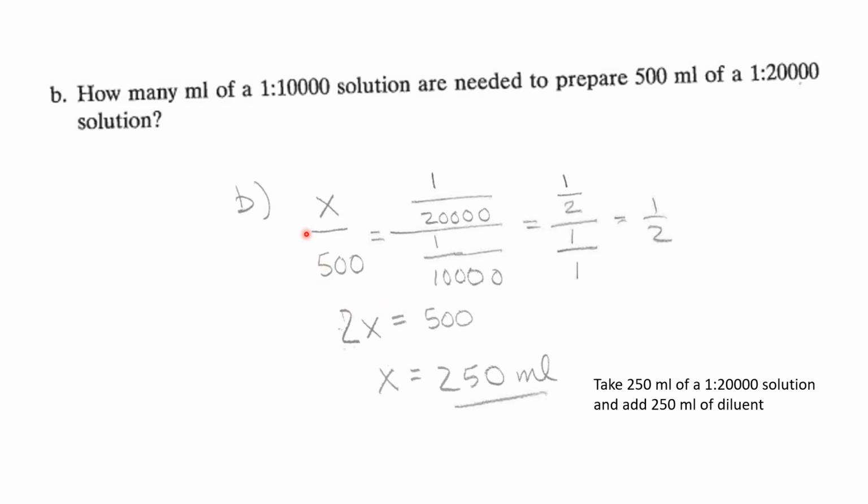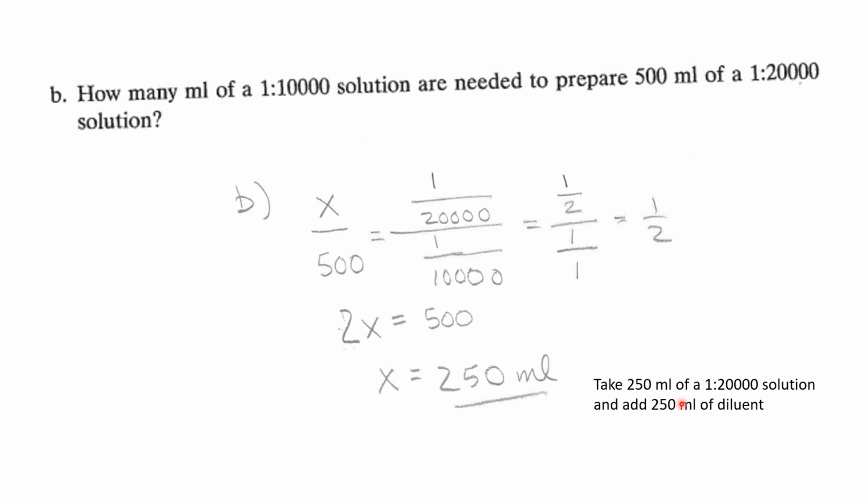Okay, so it's going to be X over 500 milliliters is the ratio of this to this. Now this ratio can be reduced to 1/2, and so you have 1/2 is equal to X over 500. So we cross multiply. 2X is equal to 500, X is equal to 250 milliliters.